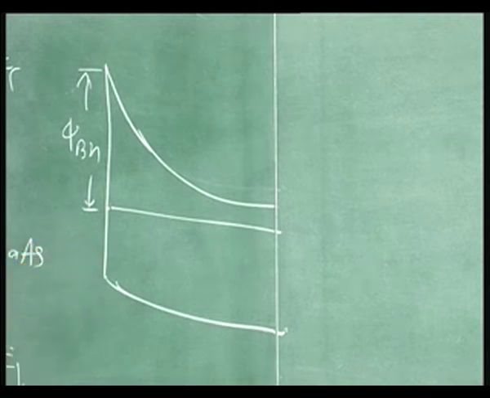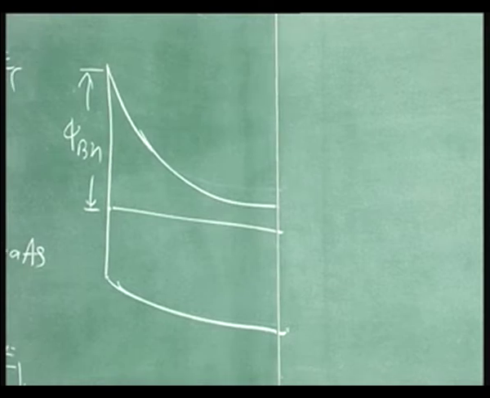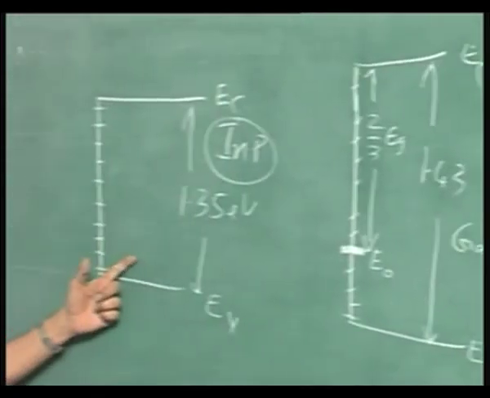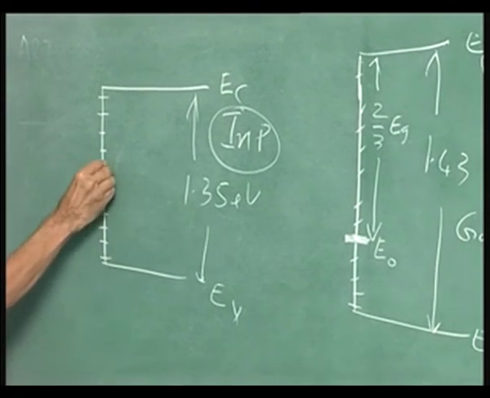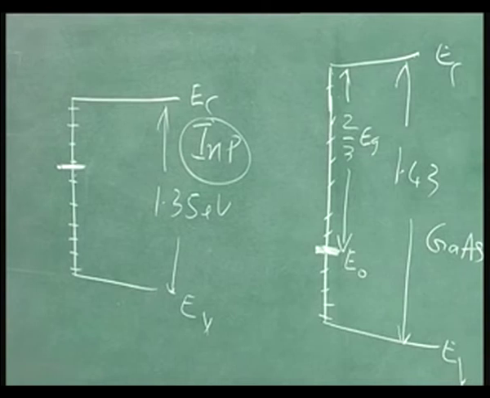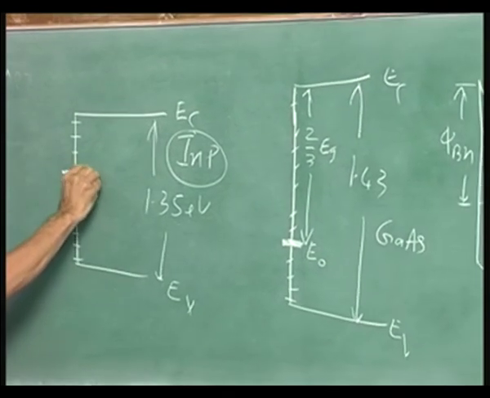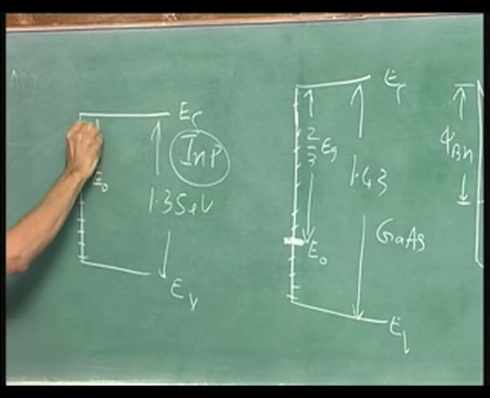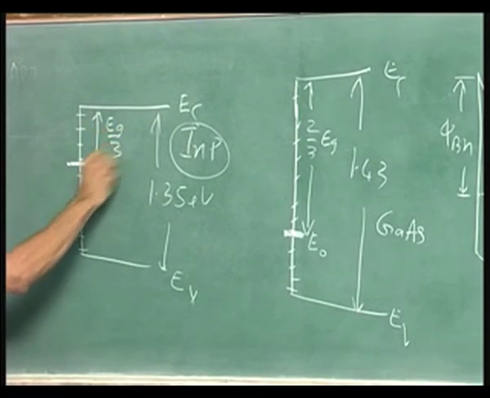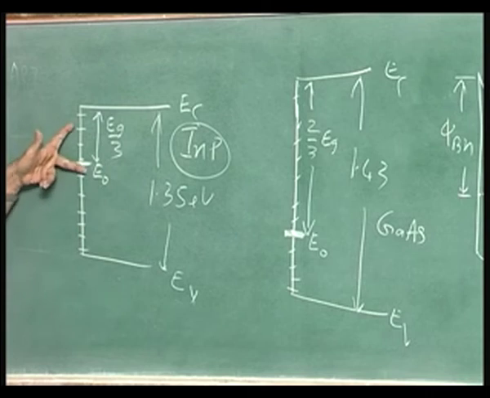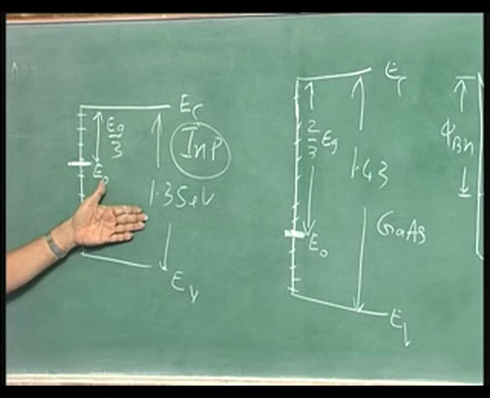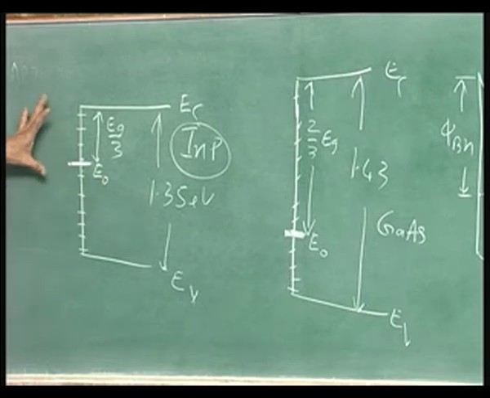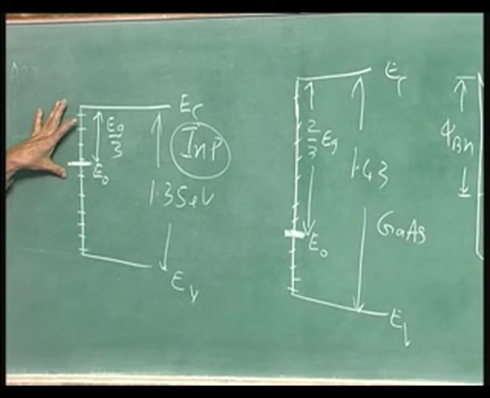Now, suppose that particular layer has a band gap of 1.35, and the neutral level is here, this is E naught. That is almost Eg by 3. 1.35 by 3 is about 0.4, 0.45. If you make a Schottky barrier here, what will be the Schottky barrier height?